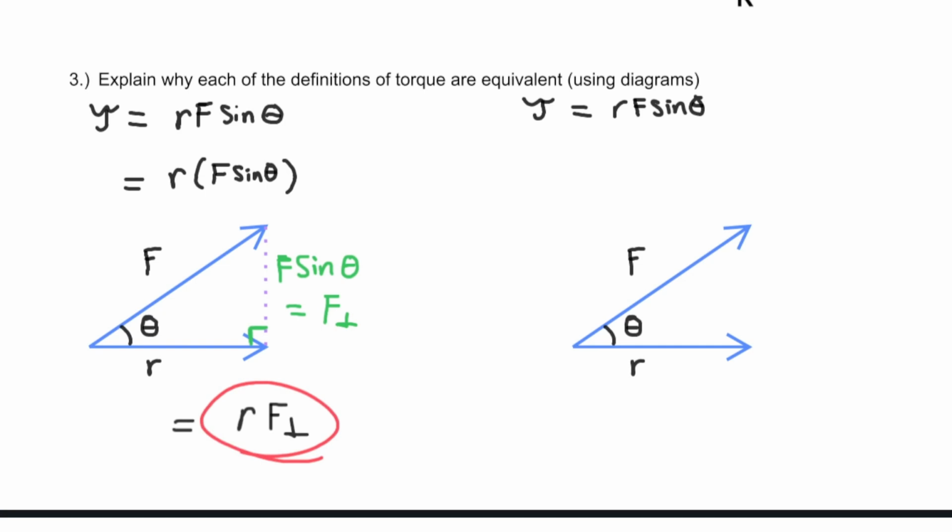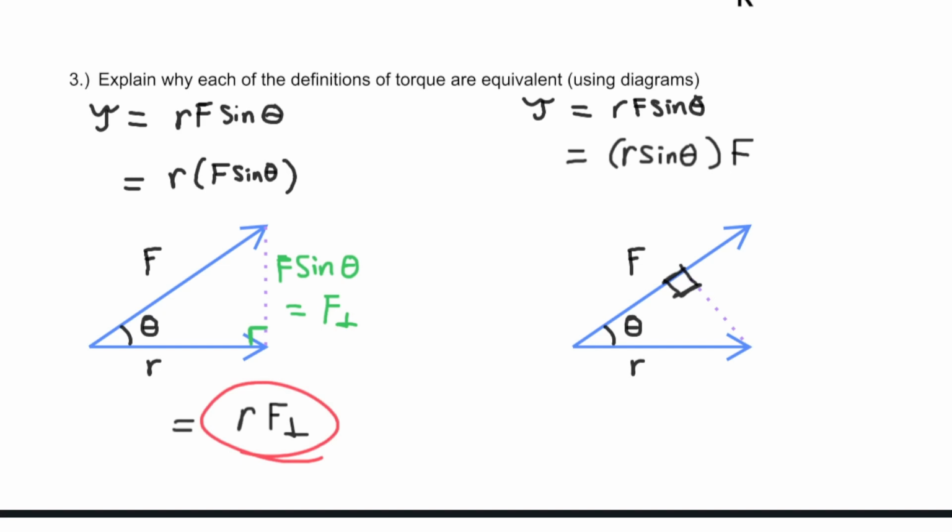Now let's handle the lever arm case. So you can probably guess what we're going to do. We're just going to say, okay, let's attach the sine theta to the R instead of the F. So that means we need a right triangle with R as the hypotenuse. And that's just going to be this triangle down here. So it's going to meet the force at a right angle.